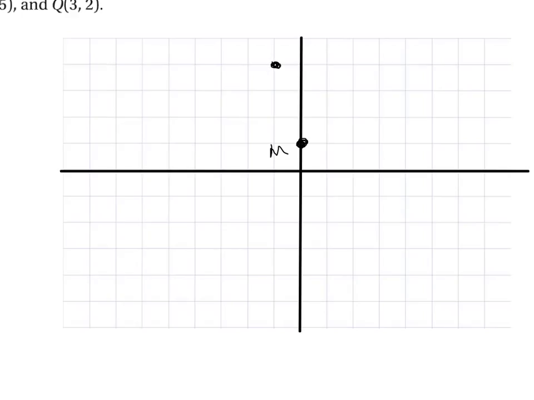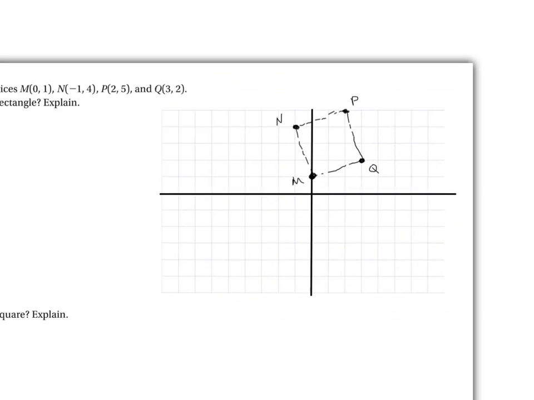And that's letter, in this case, N. And then we've got right 3 up 2, which in this case is going to be Q. And then right 2 and up 5, which in this case is going to be the letter P. So there's our shape. And we have to decide, is this shape a rectangle?